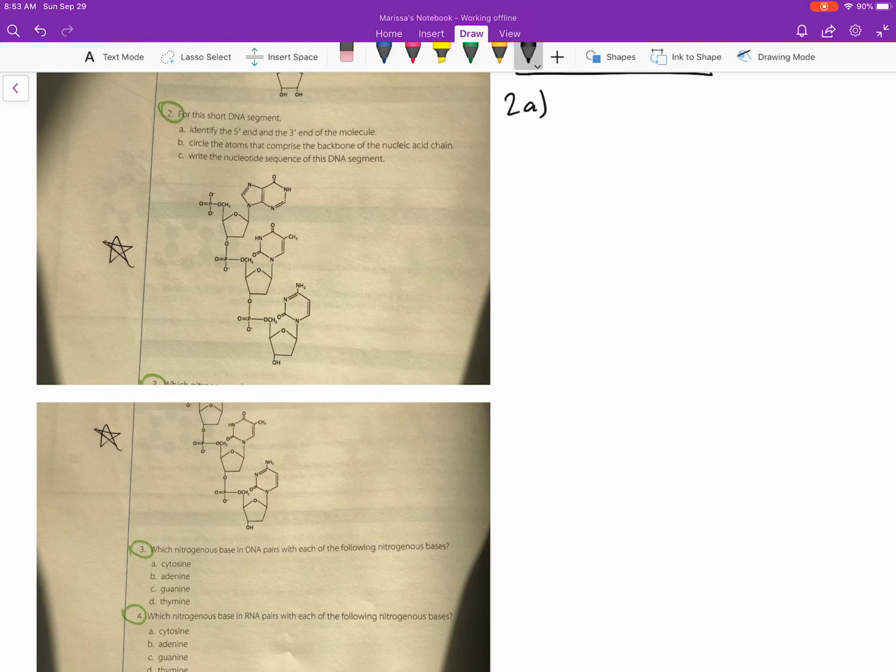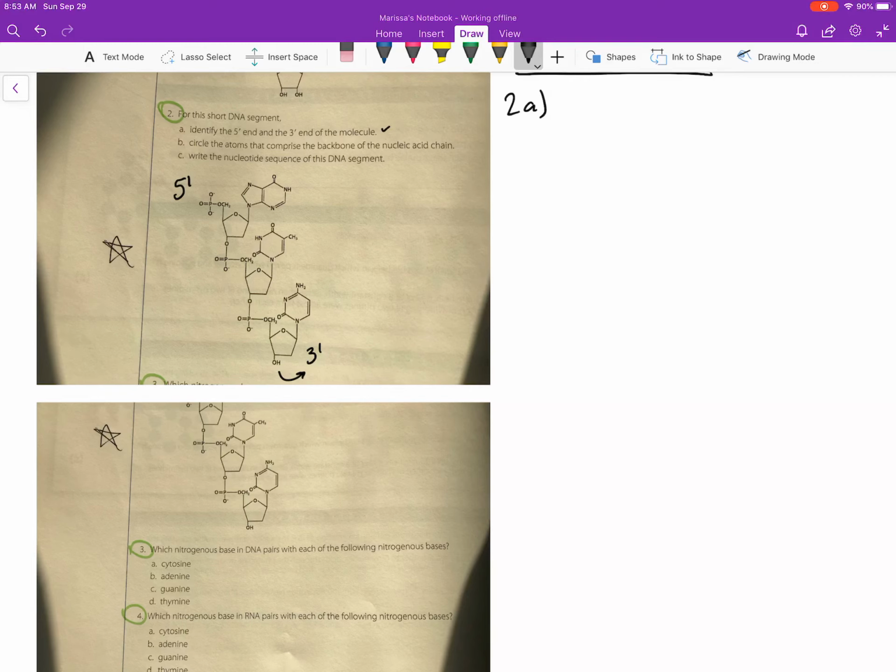So for this DNA segment, it looks very similar to the image we had before. It says identify the 5' and the 3' end of the molecule. The nice thing is that you're always going to start with the phosphate as being the 5', and then the end down here, the OH group that's free, is the 3' end.